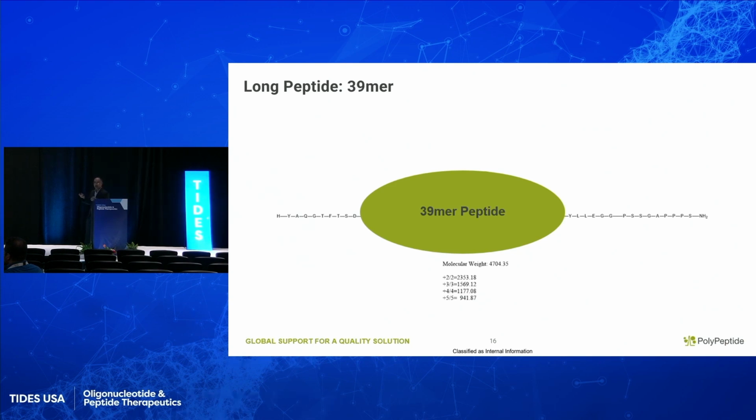It does not belong to any real drug product, but it is 39 amino acids in length, and it has a side chain built into it. So the molecular weight is 4704, which is in the range of many incretin peptides out in the market.